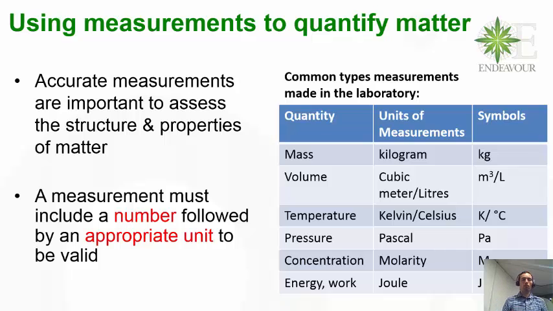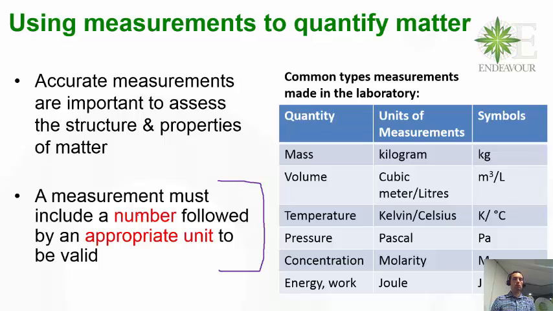For a measurement to actually be useful, it needs two separate things. It needs some sort of number value, and then it needs a unit, which will place it somewhere along the scale. For example, if you say it takes you 30 minutes to get to work, the 30 represents the number, and the unit in that case is time in minutes.